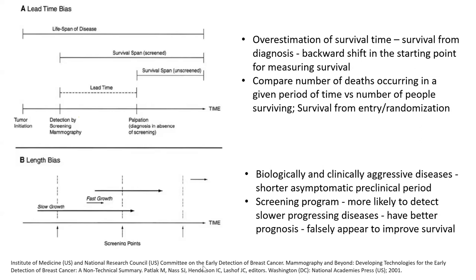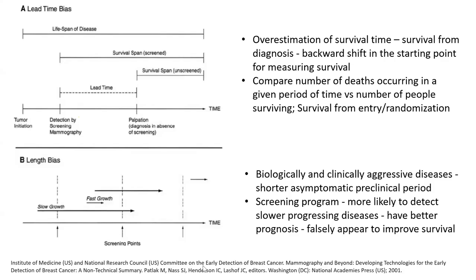Yes, absolutely right. Thank you. The example here is that supposing a woman is identified by screening and survives for 5 years, and another woman of the same age is diagnosed because of the symptoms after 3 years and survives for 2 years. So both of them actually have survived for the same time, right?